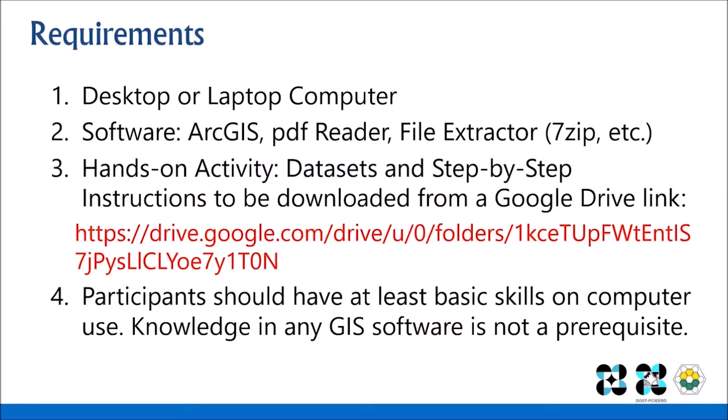Now for the computer, I suggest that you have a fast processor, preferably Intel Core i3, i5, i7, or AMD Athlon or Ryzen, preferably with more than 2 GHz processing speed, and at least 2 GB of RAM.